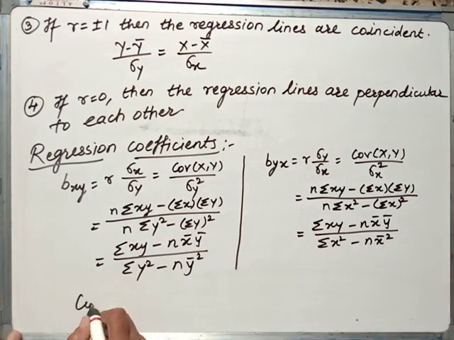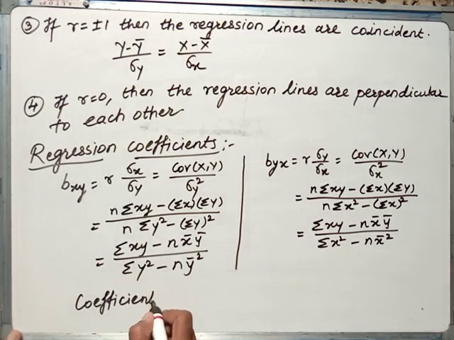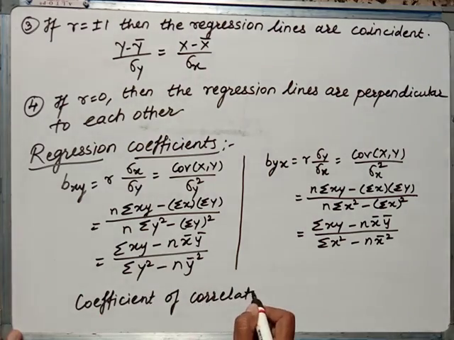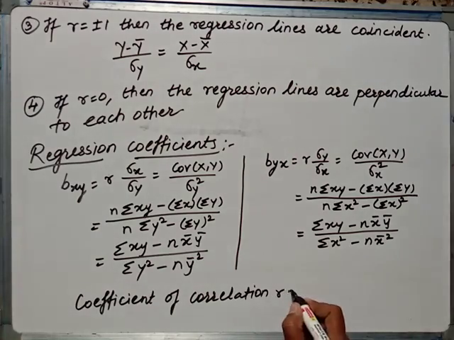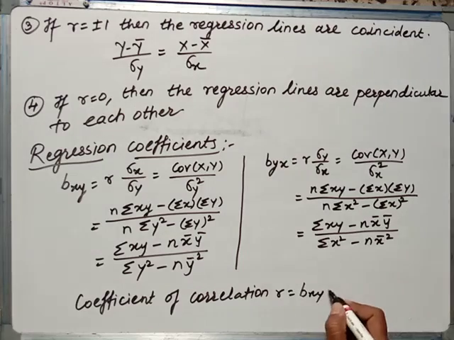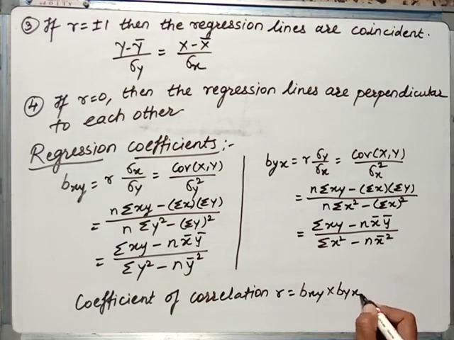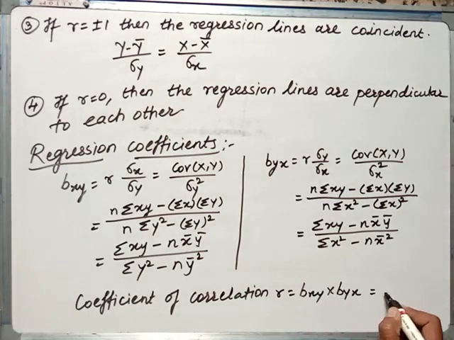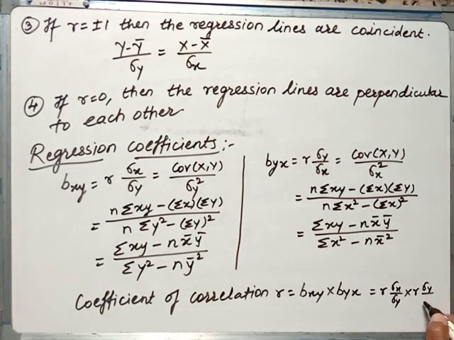Now look at one more thing, the coefficient of correlation r. Let's take the product of bxy and byx. This is nothing but r into sigma x upon sigma y, into r into sigma y by sigma x.